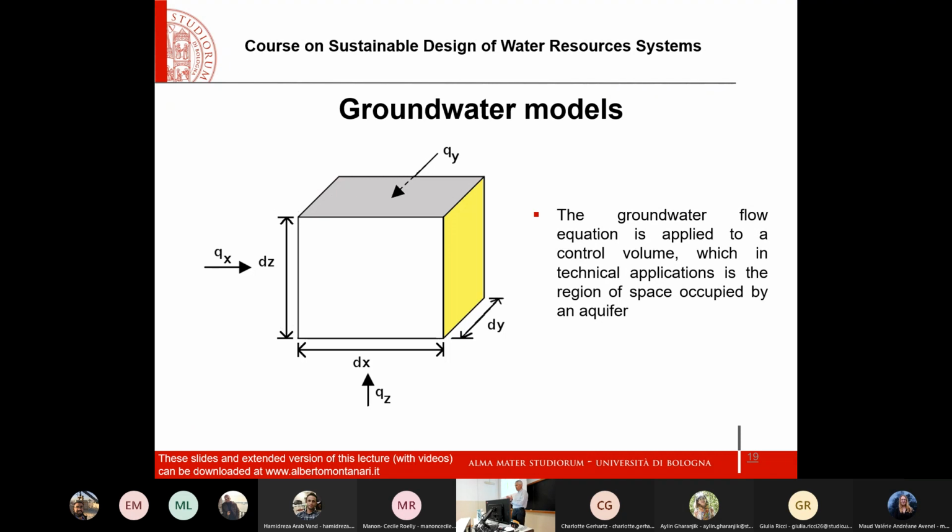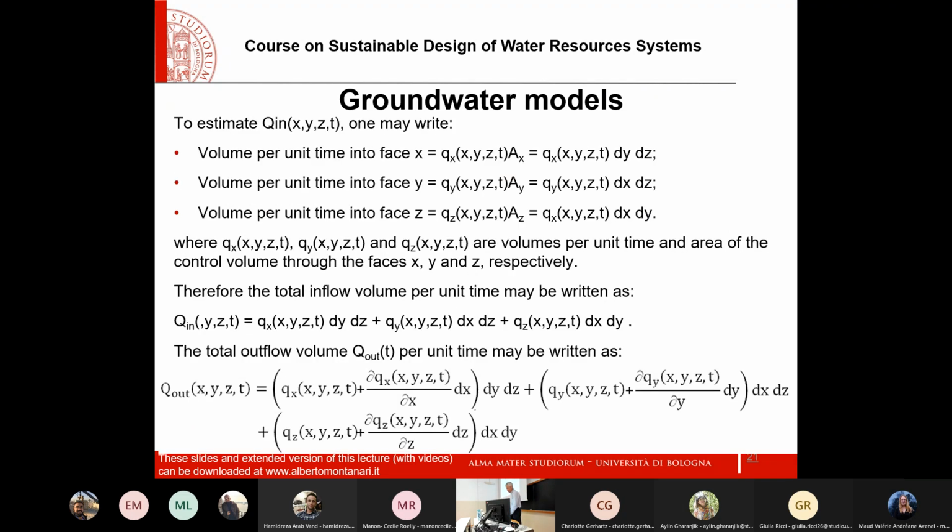The yellow face is what I called AX. It's the product of Y and Z. And let me now go back to the slide. You see, Qx times AX is equal to Qx times Y times Z. Okay, good.